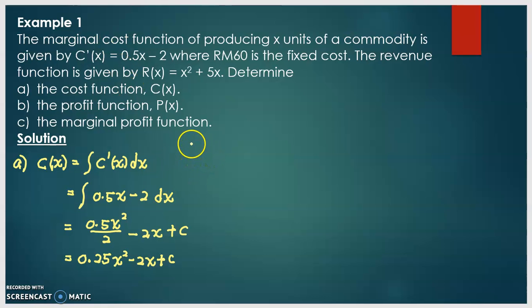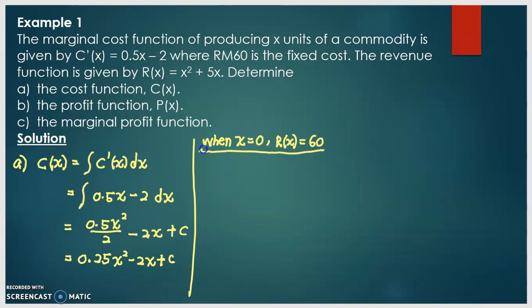Next, I will try to find the value of C. How am I going to find the value of C? The 60 ringgit is the fixed cost, which means that when X is equal to 0, our fixed cost is equal to 60 ringgit.